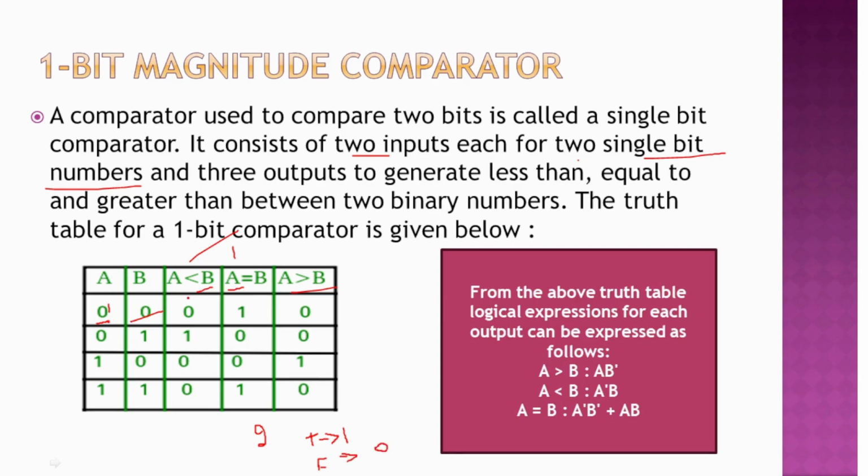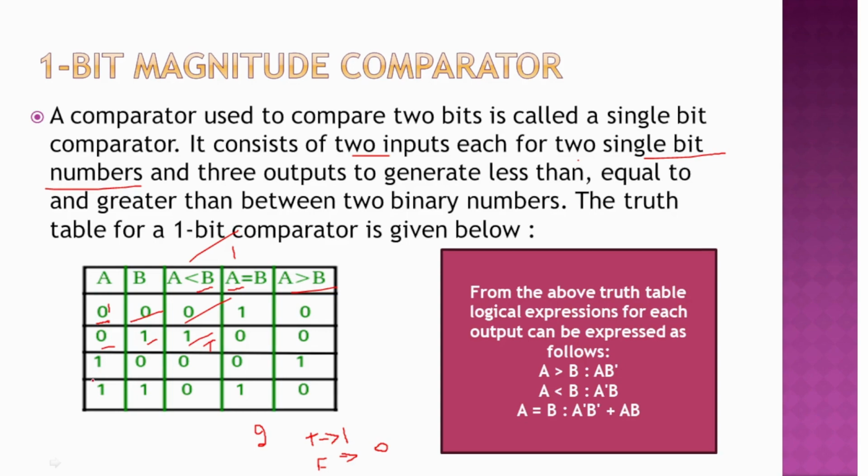The first condition is A is less than B. If you compare these 0, 0, both will be equal, so the condition is false and you need to fill 0 here. Next, A is equal to 0 and B is equal to 1. This condition A is less than B is true, that's why you fill 1 in this cell.